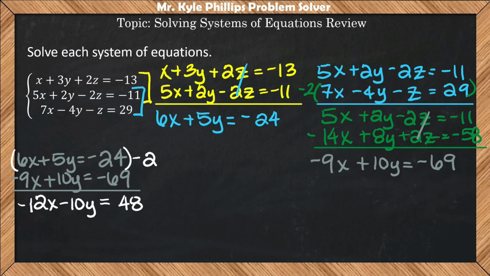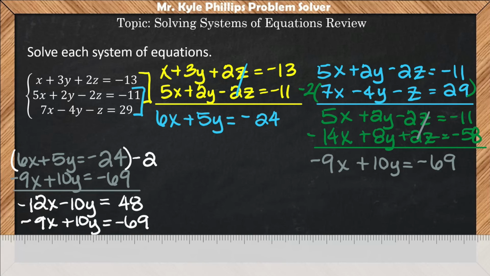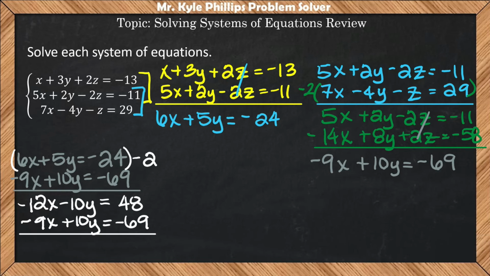So negative 9x plus 10y equals negative 69. So here, negative 12 minus 9 is going to give us negative 21x. And then that's going to give us negative 21. So x here is going to be positive 1. So now we found the value for x.